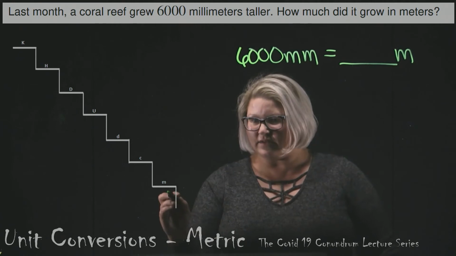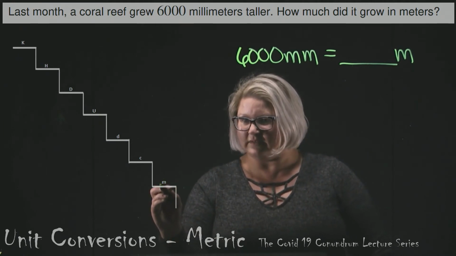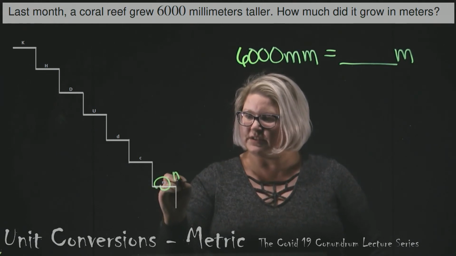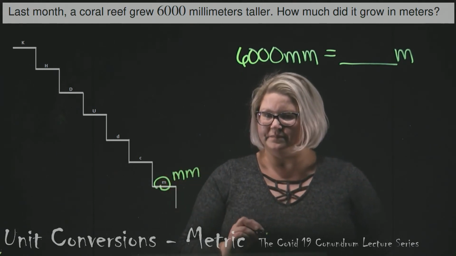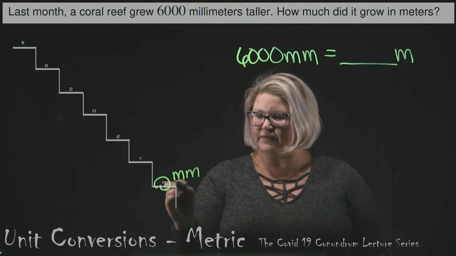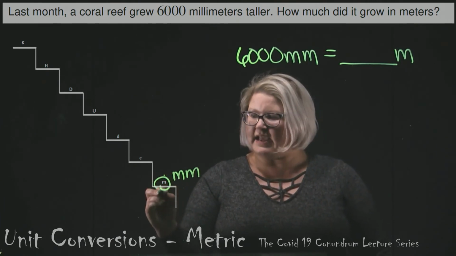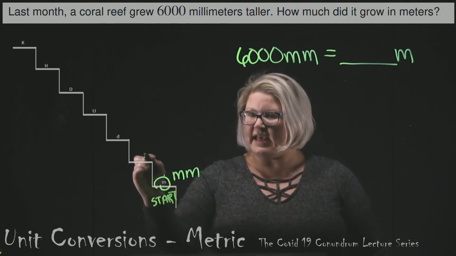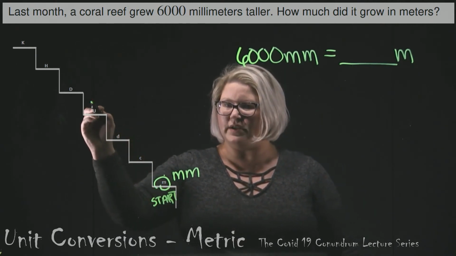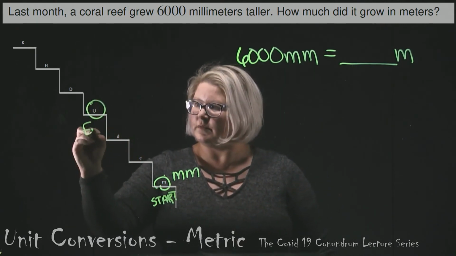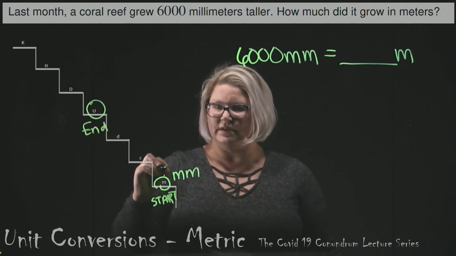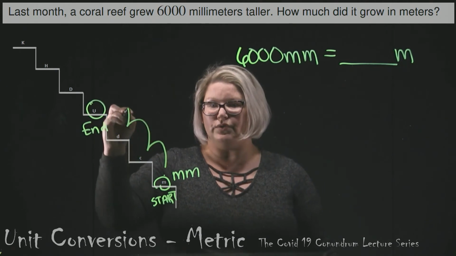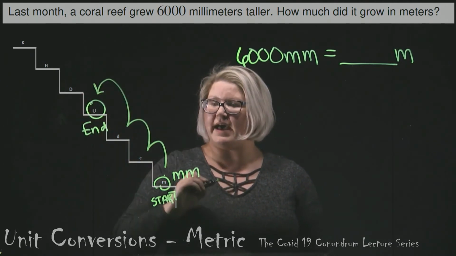Here, you were starting in the millimeter spot, because this M stands for this M. And you're going to start at millimeters, and you are going to end at the base unit, meters. So to go here, you have to go up 1, 2, 3 spots.